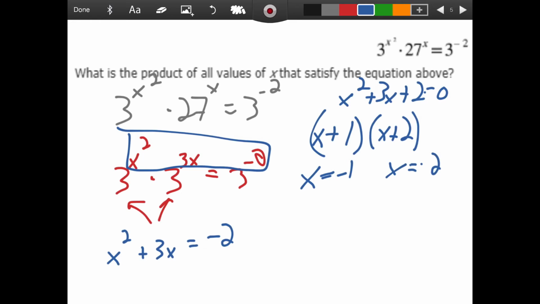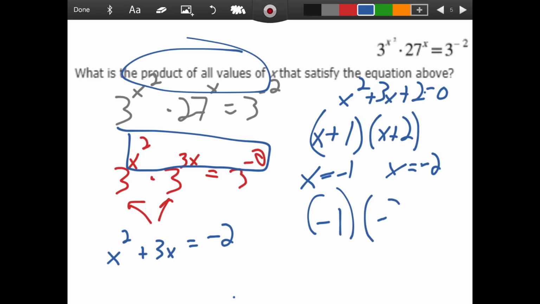And now this wants the product of all values that satisfy this equation. Our answers are negative 1 and negative 2. We multiply those together, and we get 2.